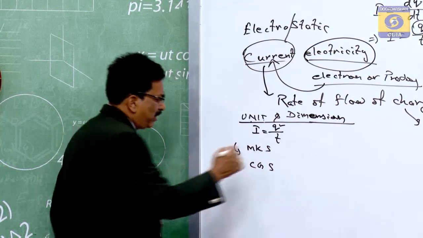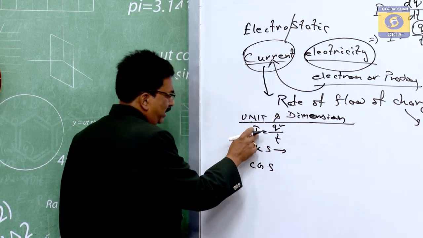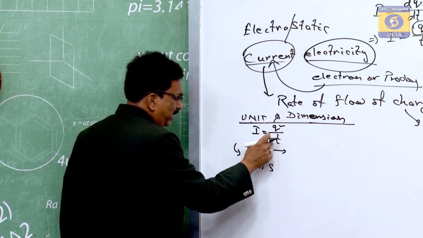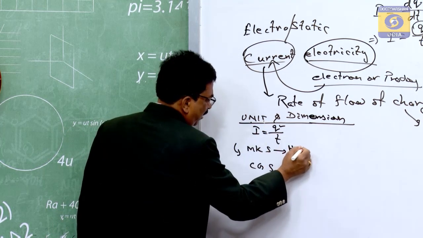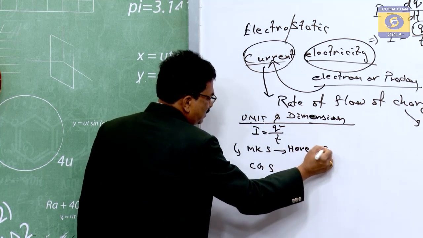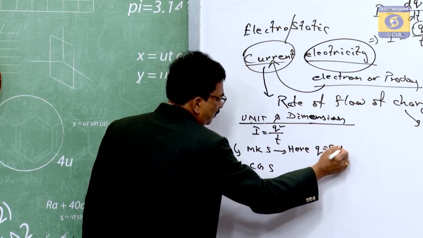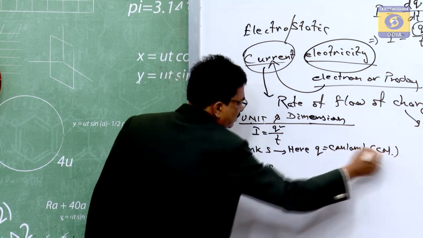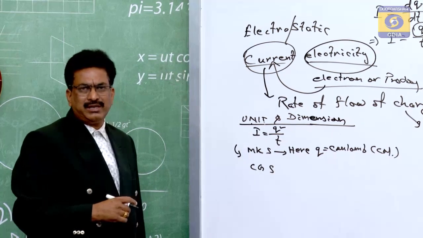So, if we calculate the unit in the MKS, the current I is equal to Q by T. According to the formula, Q is the charge, which is the coulomb, commonly written as C with a dot.